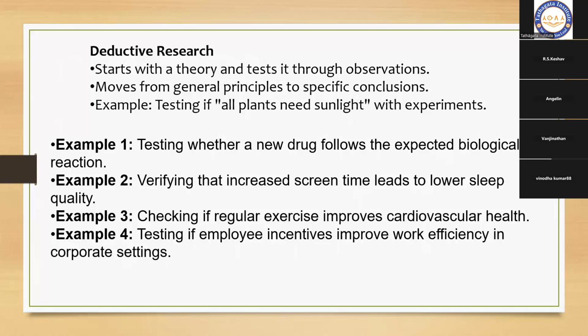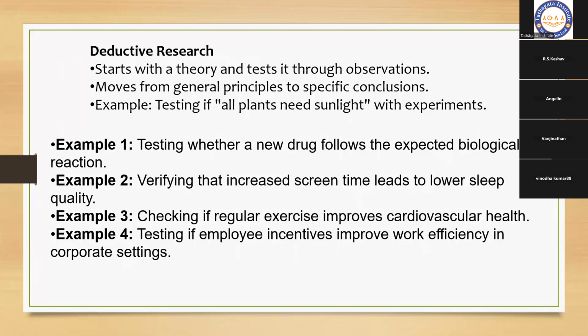Okay, generally this new drug would have followed general principles, and when the outcome is given, we see whether it gives the expected reaction. Increased screen time is general, and from that, a specific conclusion: whether it happens in everyone who is using a screen for a long time, whether there is lower sleep quality.